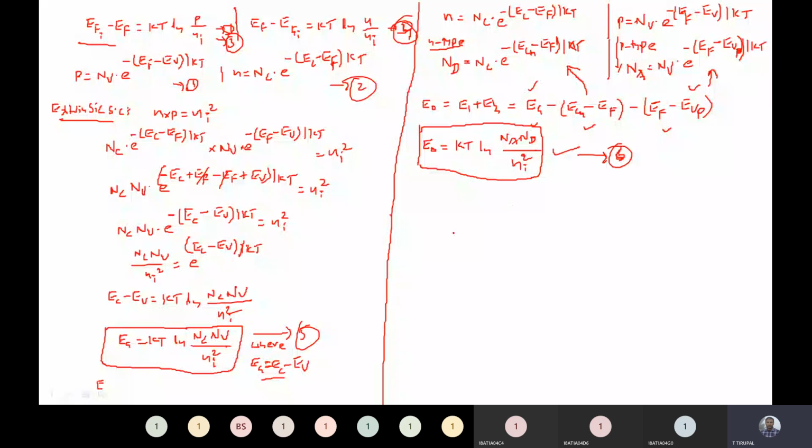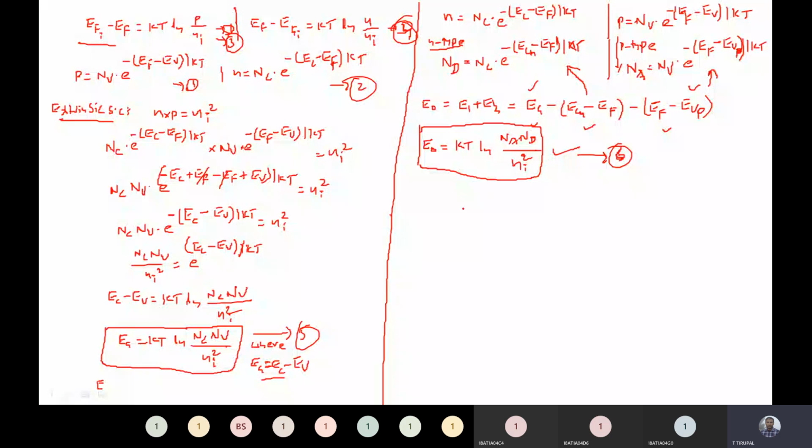This is the sixth equation. E naught, which is the potential energy barrier for electrons or shift in energy levels, is equal to KT ln Na Nd by Ni square. Similarly, if you know E naught, the potential energy barrier for electrons, we can calculate the potential energy barrier for holes. What is the formula?